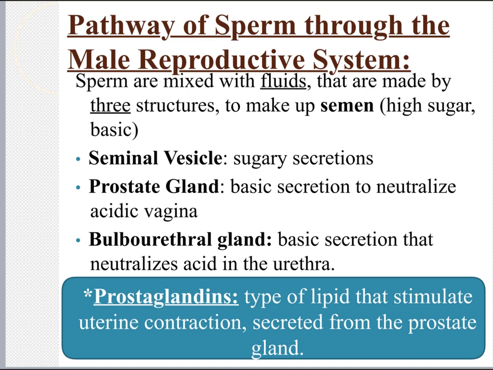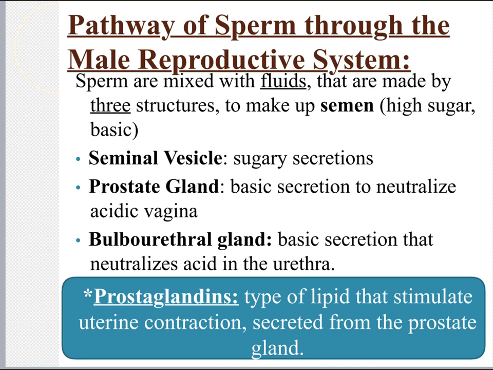Now, the pathways of sperm. So we've already discussed the sperm is made in those seminiferous tubules in the testes. They are stored in something called the epididymis that is outside the seminiferous tubules, and I'll show you a picture of that in just a second.